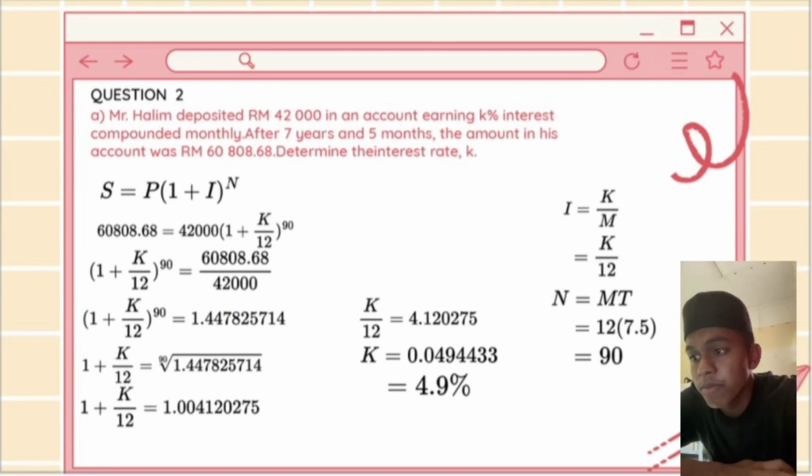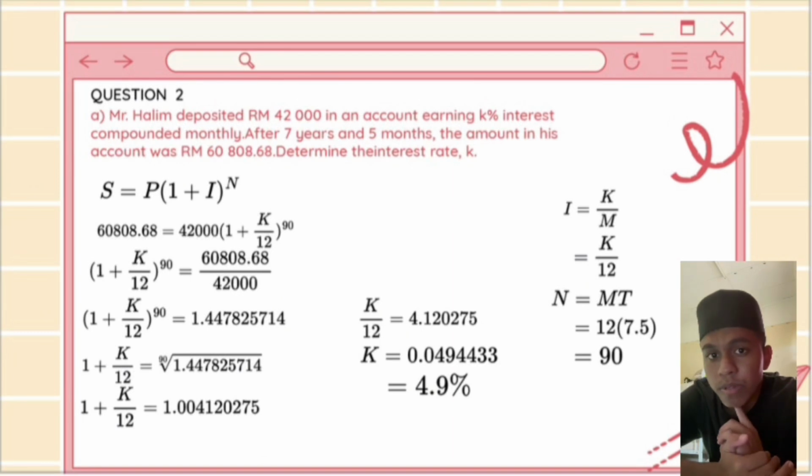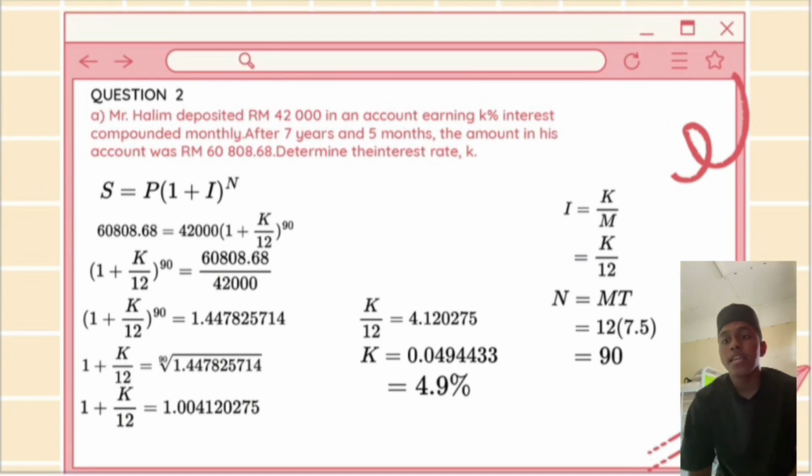The 90 we move and it becomes the 90th root of 1.447825714, and we get the answer. We move the 1 and minus it from the answer, and we get 0.00412027. And lastly, we multiply the answer by 12, and we get 0.0494433, so the answer is 4.9%.